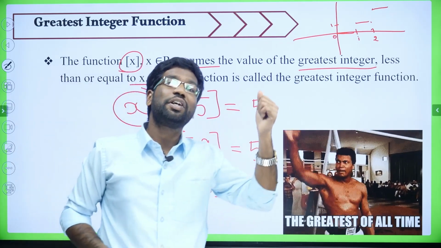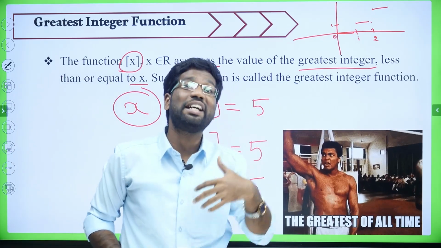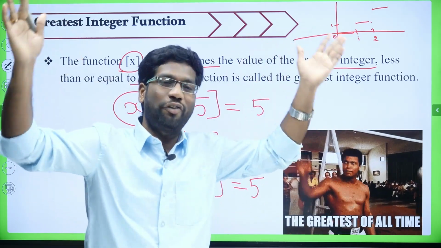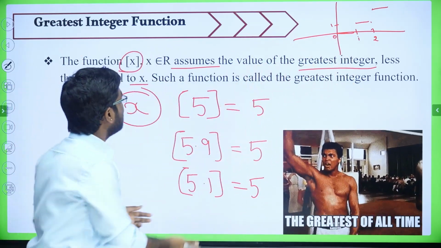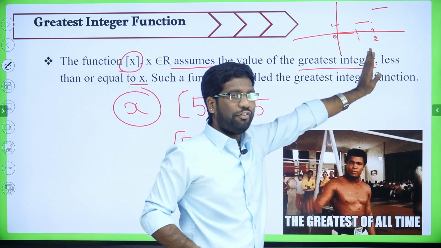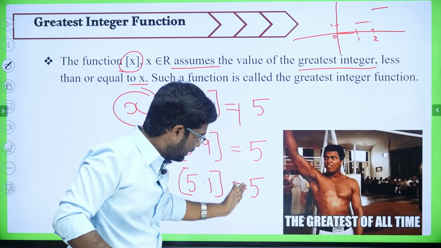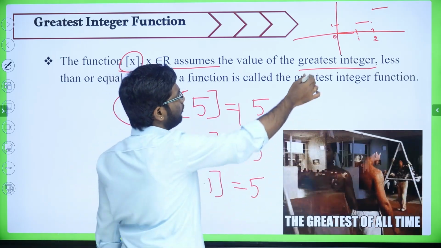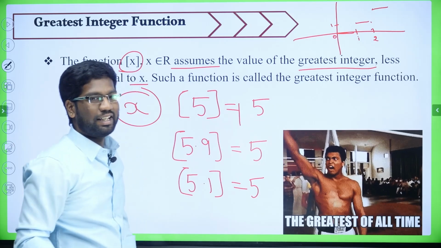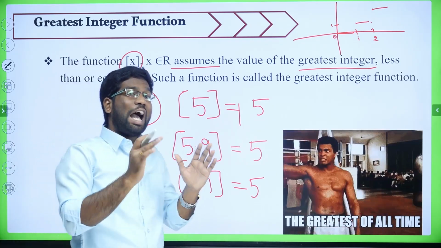That value we are assuming as the greatest integer, so it is called the greatest integer function. In the same way, from 5.1 till 5.9, I will get the answer only 5. So in some places it acts like a constant function, and in some places like an identity function. So you have to be careful.